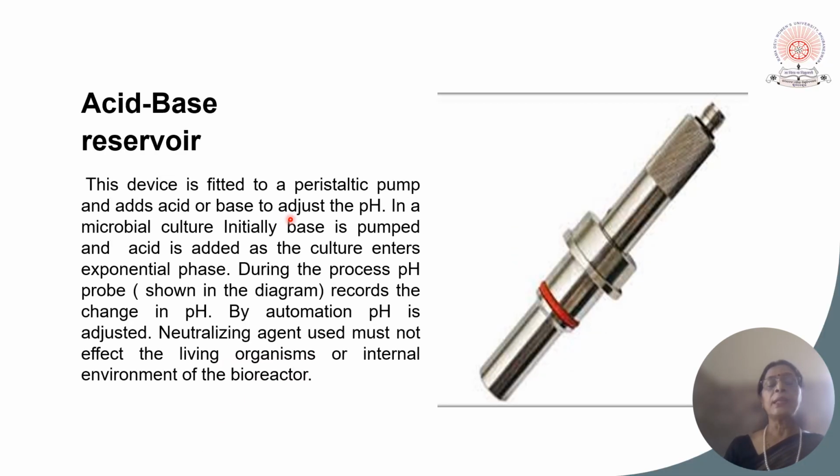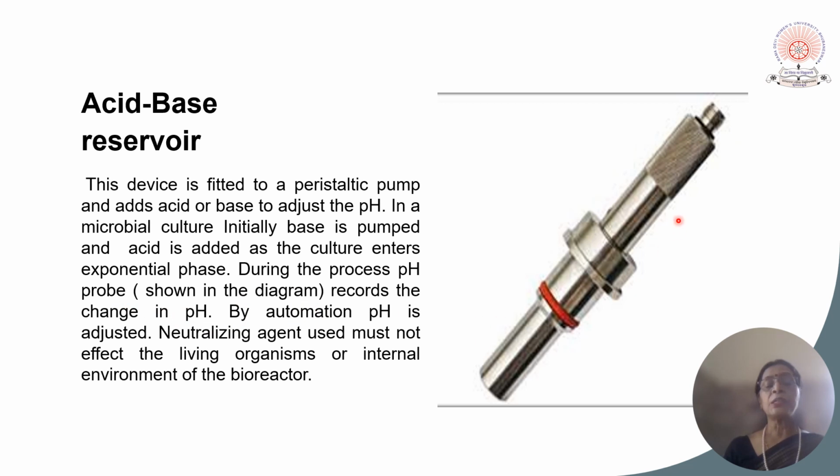Then there is the acid-base reservoir, which is fitted with a peristaltic pump, and that adds acid or base to adjust the pH. There is a pH monitor that records the pH, and automatically the peristaltic pump acts and there is addition of the required amount of acid or base.